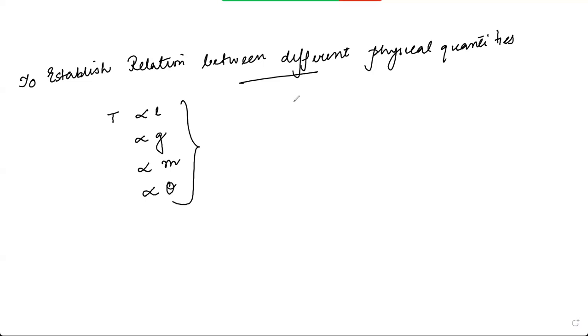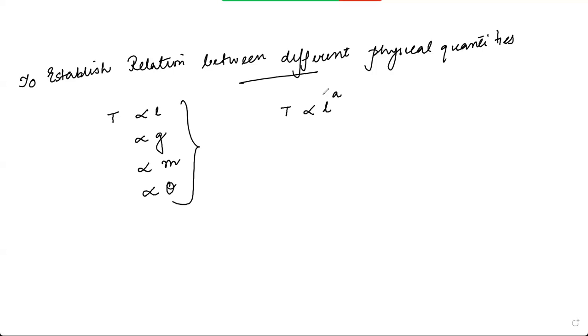So we can say that the time period of the pendulum depends on L to the power A. We do not know whether it depends upon L square or L cube. After finding the expression, we will know whether it depends upon the square root of length or cube root of length.